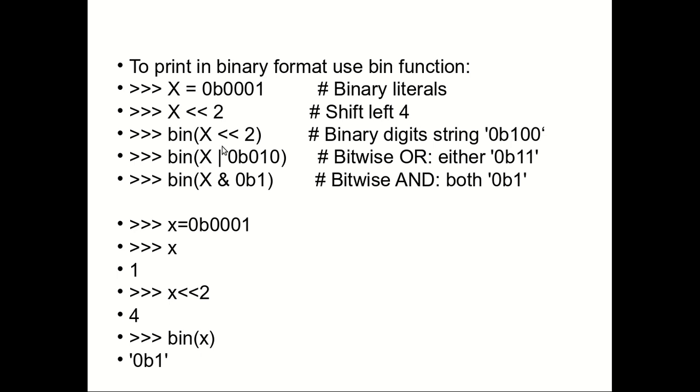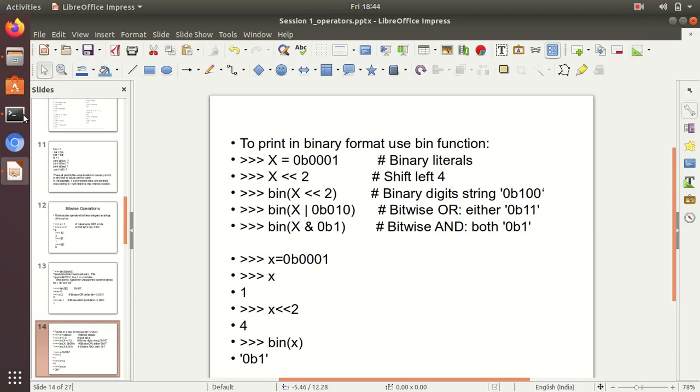Then we perform the OR operation on x with 010. What is it going to be? This is going to be 111. Similarly, we apply the AND operation on x with 1. What are we going to get? Just see the result, it is a 1.